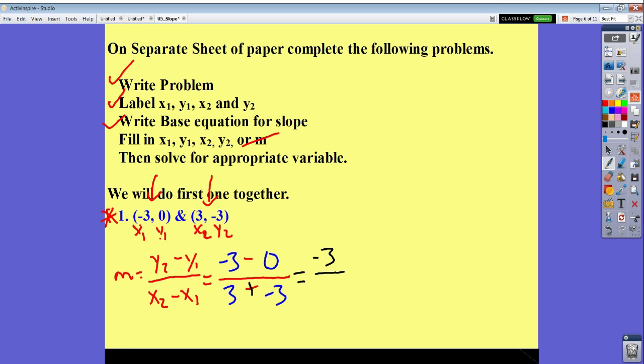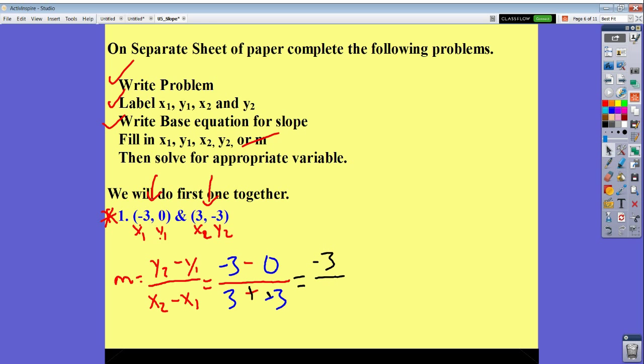So we have double negative, so it's like we're adding it together. So now we have 3 plus 3, which is 6. And this reduces to -1/2. So therefore, m is equal to -1/2.